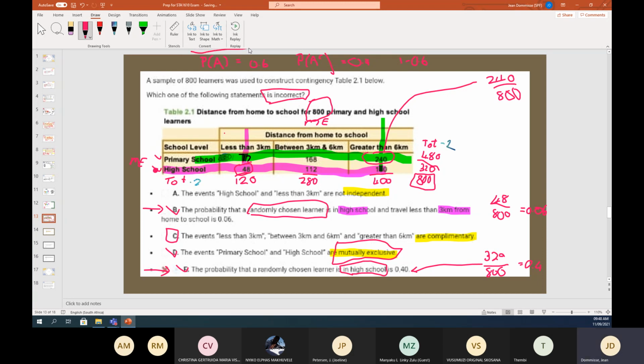But we've always just seen it in the instance of two variables or two numbers. So here we are going a bit further. So events less than 3, 3 and 6, and greater than 6 are complementary. So if you're not in the one, you're in one of the other two. If you're not in those two, you're in the other one. The only difference with this one is they use more than one variable.